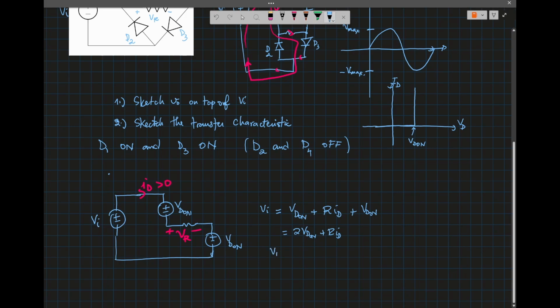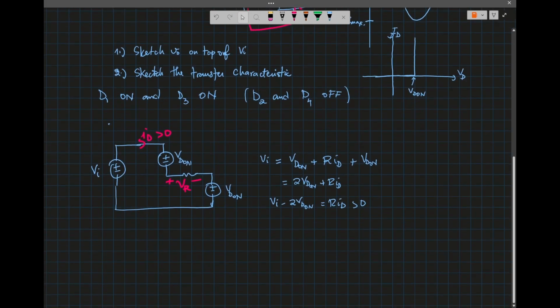So we have (Vi minus 2 VD on) over R equal to ID. That must be positive because the resistor is positive. So that means when Vi is bigger than 2 VD on, diode 1 is on and diode 3 is also on. D2 and D4 are off.